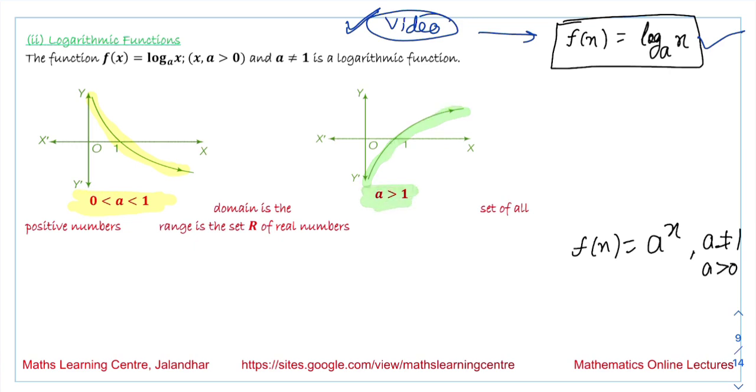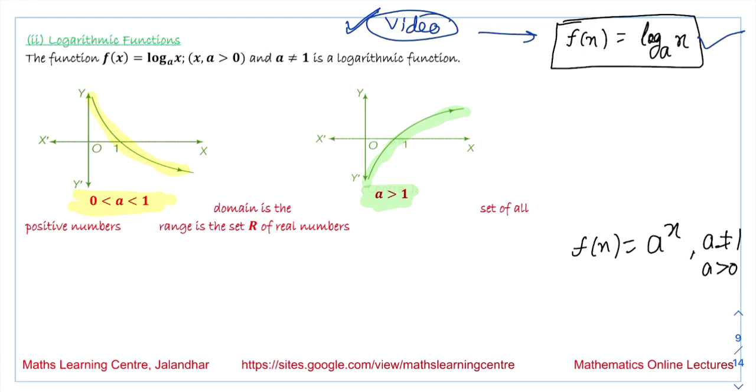So you can look at the logarithmic function as the inverse of the exponential function, and you can obtain these graphs by just rotating the axis, or by replacing the x-axis with the y-axis.